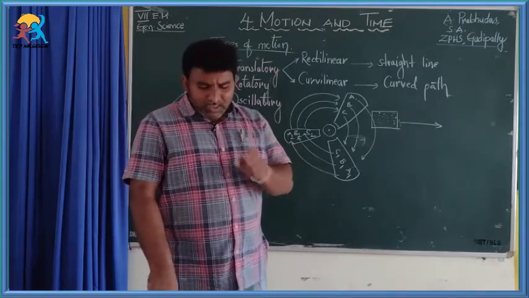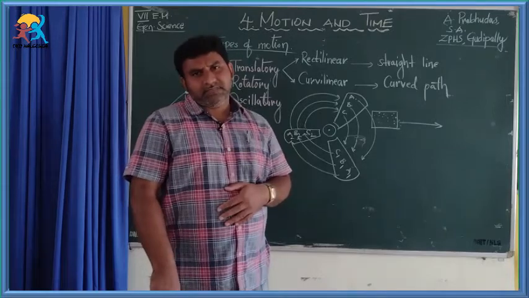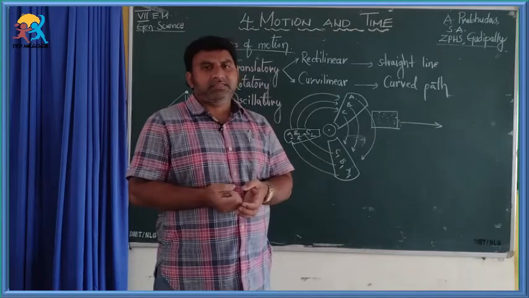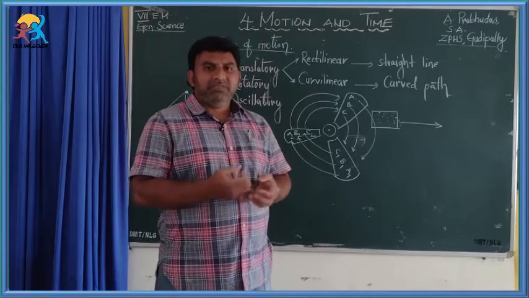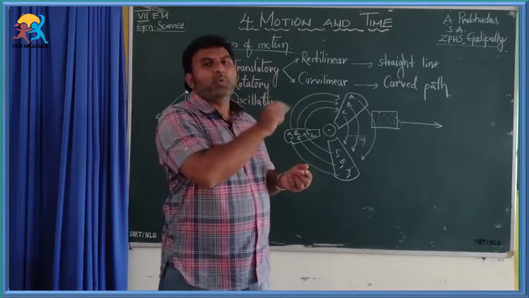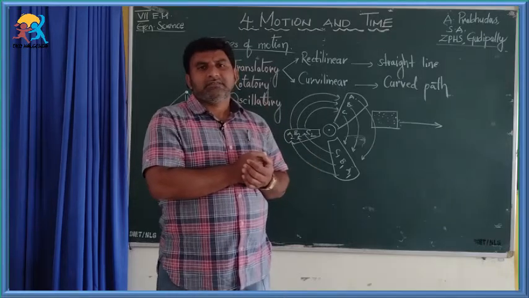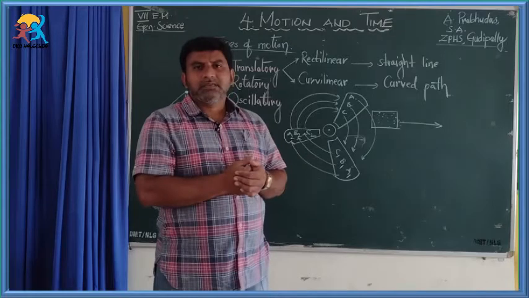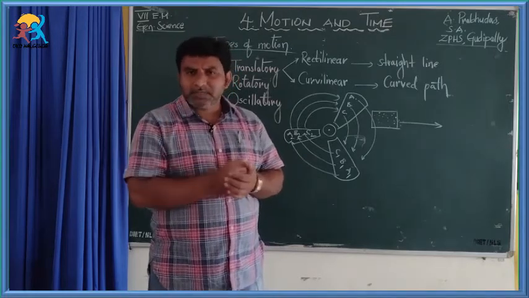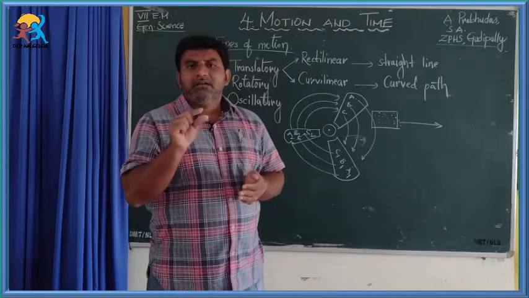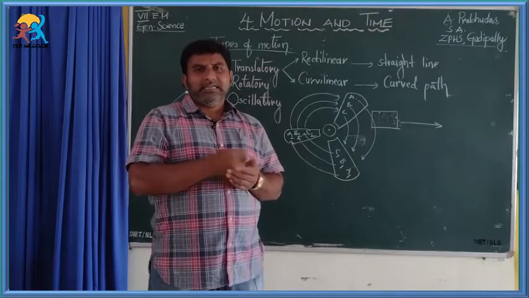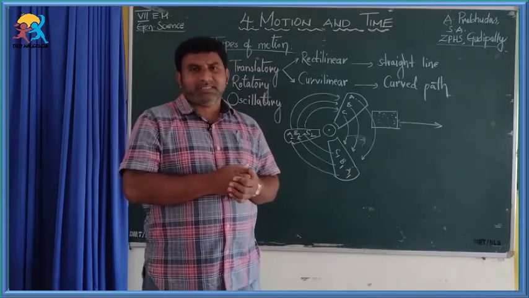And motion of a drill bit. What is a drill bit? A drill bit is an instrument by which we make holes in walls, in wood, etc. If you closely observe the movement of a drill bit, it shows two types of motion.